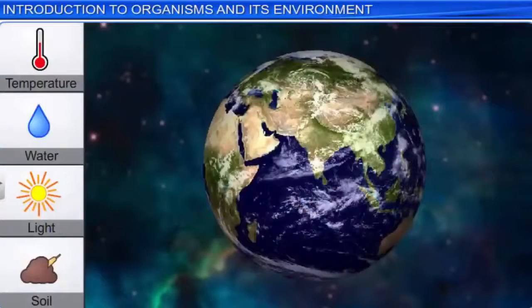The difference in chemical and physical conditions of these habitats is due to the variation in abiotic factors such as temperature, water, light, and soil.